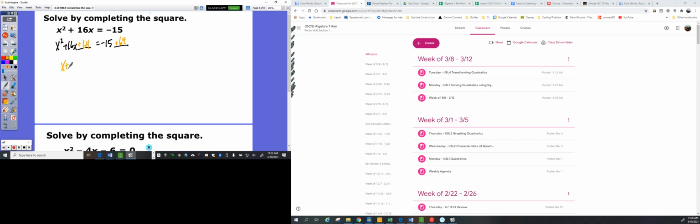So this becomes x plus 8 squared, and then what's negative 15 plus 64? 49? 49. So we'll take the square root of both sides. X plus 8 equals plus or minus 7. So again, my two conditions, x plus 8 equals positive 7, x plus 8 equals negative 7. So x equals negative 1, and x equals negative 15.